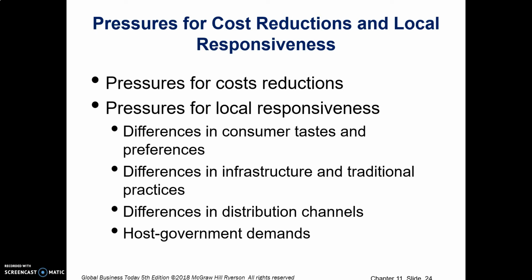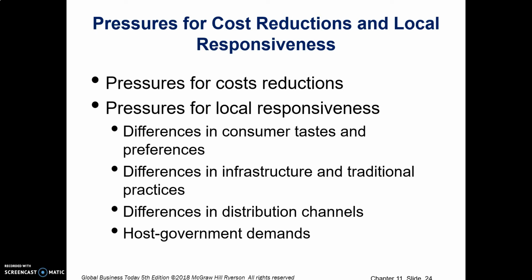If you look at some of the research, the differences in their findings are based on the type of product or service that they're studying. For some products, more of a standardized product is becoming the norm. For other types of industries or products, it's more diverging. It's becoming different.